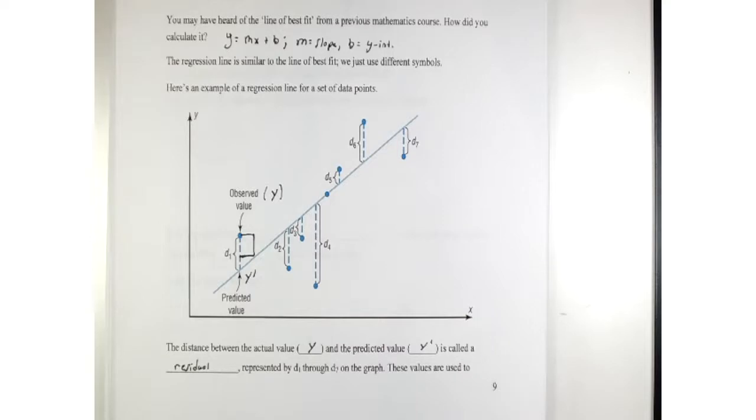And to do this, we want to make these residuals as small as possible. So we use something called least squares estimation to do this. So to create the linear regression, or the regression line, you can call it line of best fit or whatever you want to call it, we take the sum of the squares of the vertical distances from each point to the line at a minimum.